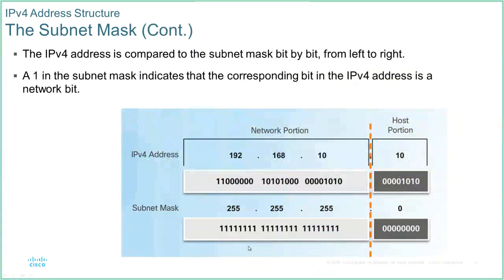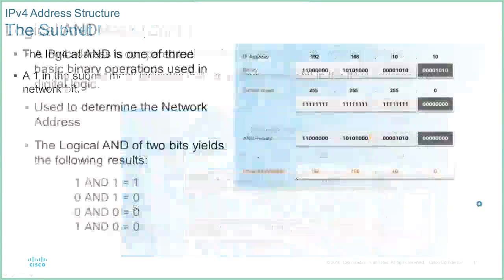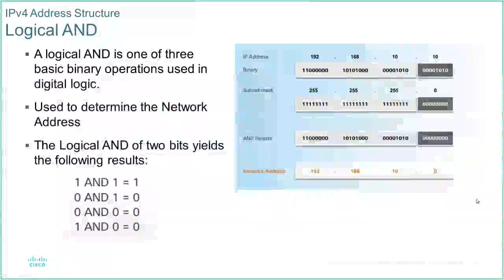So converted into binary, we end up with this notation down the bottom. And the basic logical ANDing, I won't go through all that. In very basic terms, the host portion turns any value that's above to a 0.